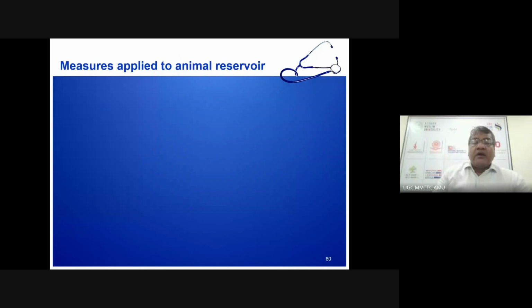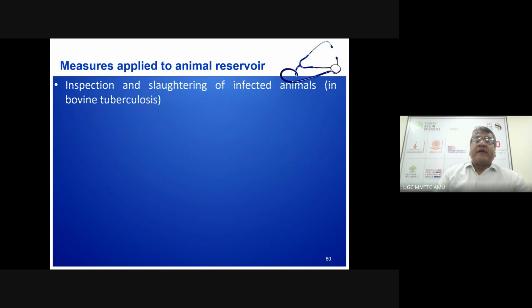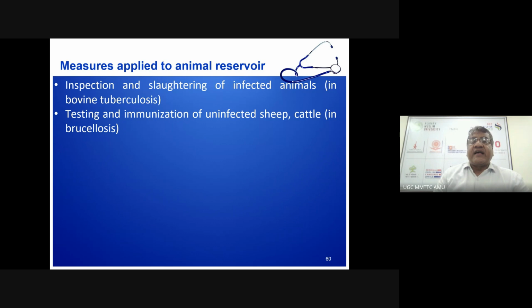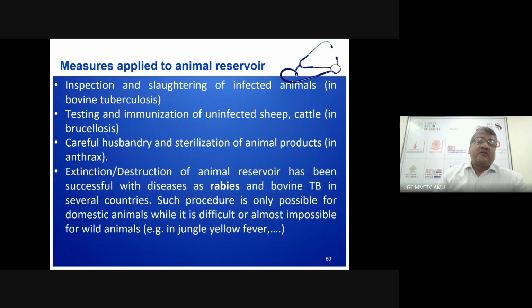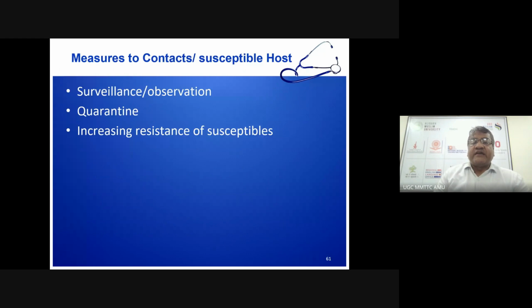Treatment for the carrier state. Measures applied to animal reservoir: inspection and slaughtering of the infected animal, testing and immunization of the uninfected sheep, cattle, careful husbandry and sterilization of animal products.